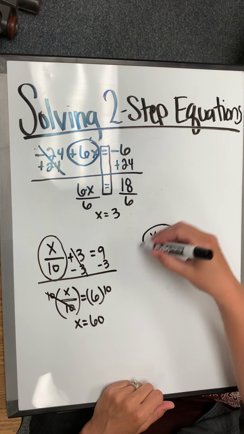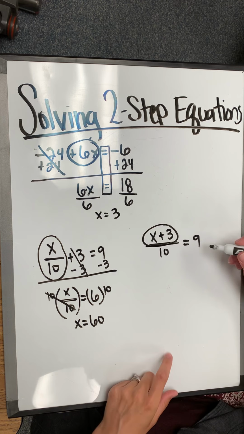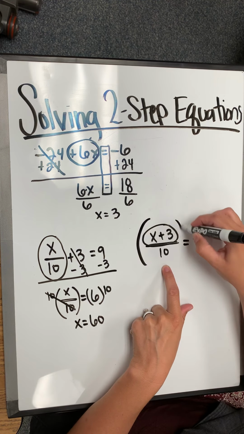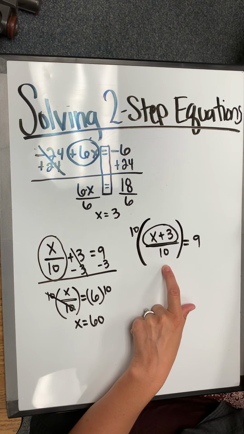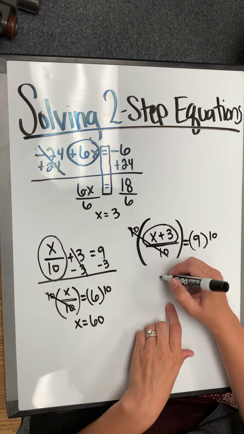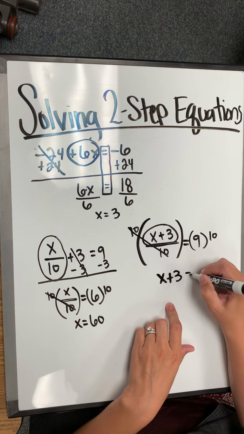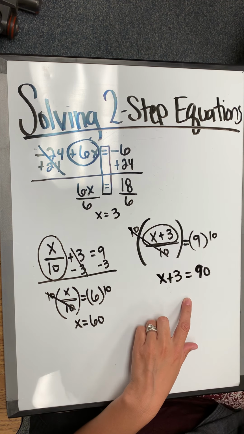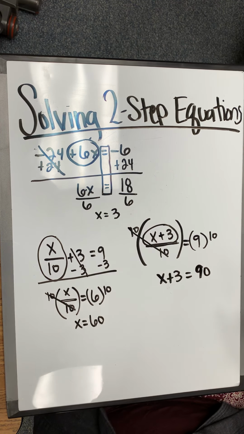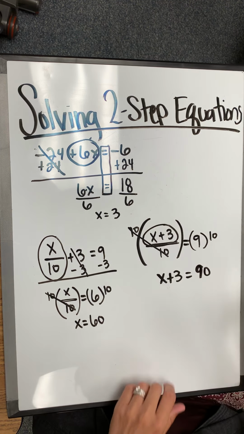Now, if everything is being divided by 10, that's the first thing we want to get rid of. So opposite of divide by 10 is to multiply by 10. So I'll times this by 10 as well. So we'll have x plus 3 is equal to 90. Now, I want to get rid of my -3. It was what was connected to my variable up here.